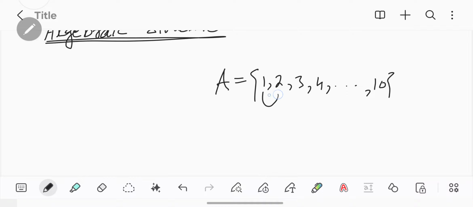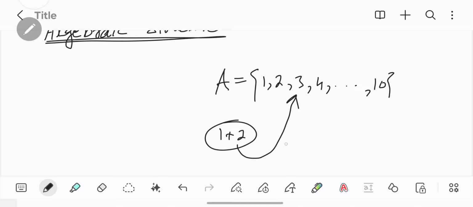That means if you add 1 and 2, you will get a new element from this set, which is 3, right? If you add any two elements of the set, you are getting some new element, and that element is sometimes in this set, and sometimes it may not be in this set.